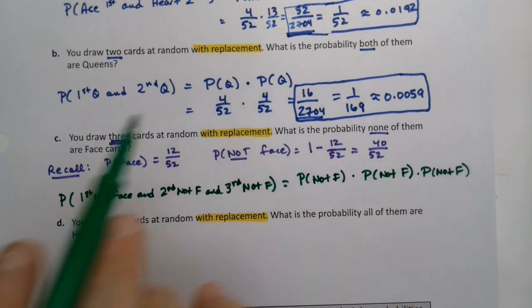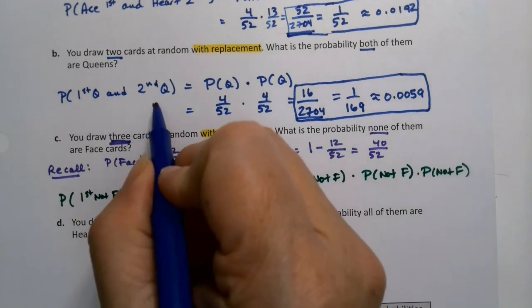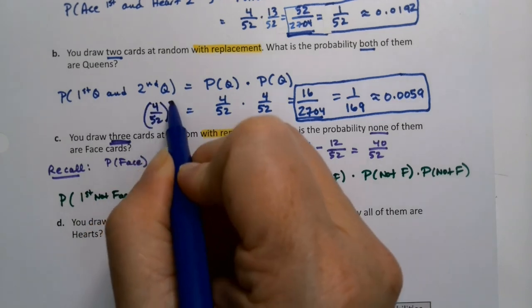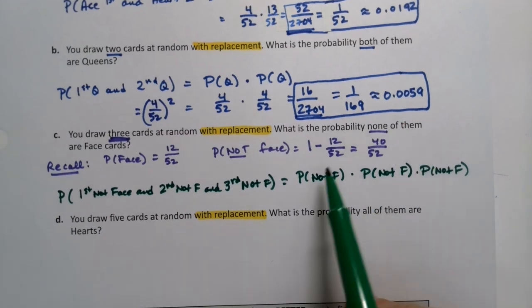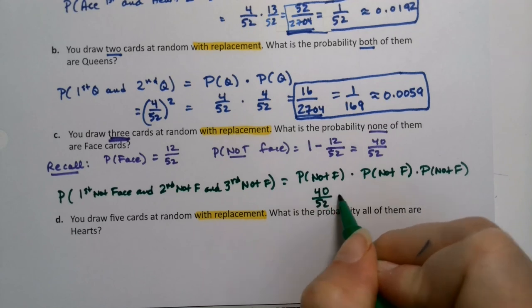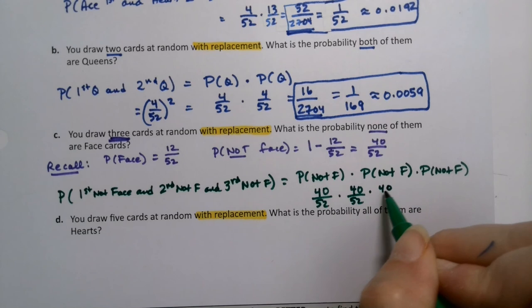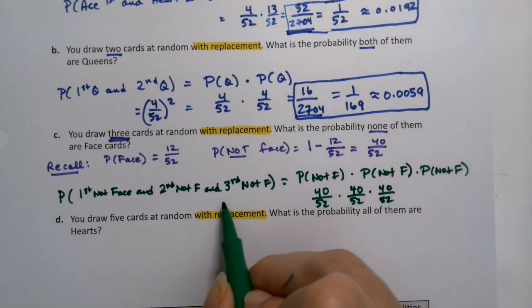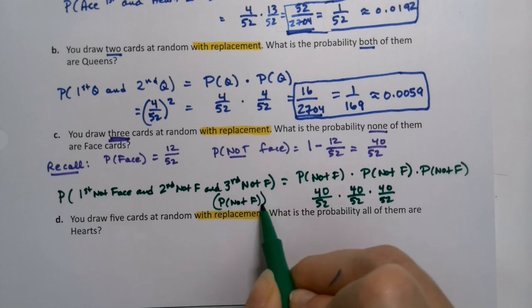You could actually write it that way up here as well, because 4 out of 52 times 4 out of 52 is 4 out of 52 squared, right? So here I would take the not face, which is 40 out of 52, and I'd multiply it by itself. In other words, you're taking the probability of not face to the 3rd power.